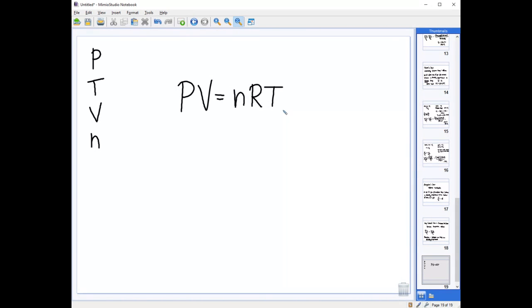So now we're actually going to have a value for our constant. Before, we've just used that K to represent some number, but R actually has a definitive value. This is referred to as our ideal gas law, PV equals nRT. So add this to your cheat sheet.